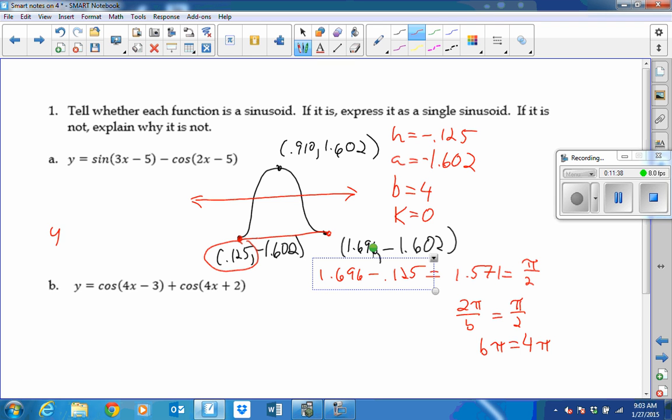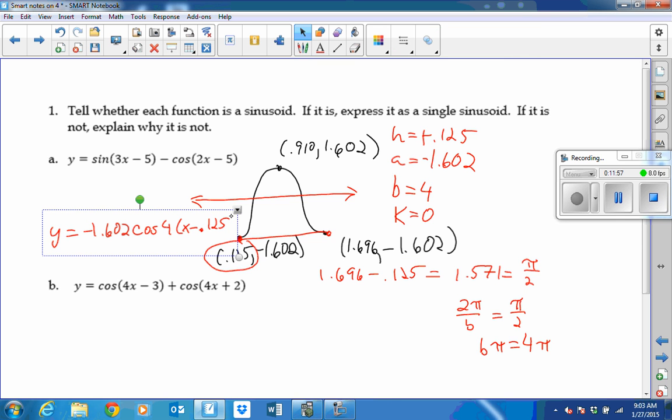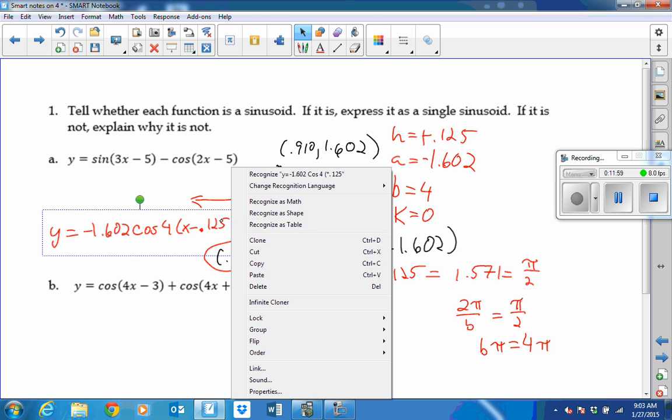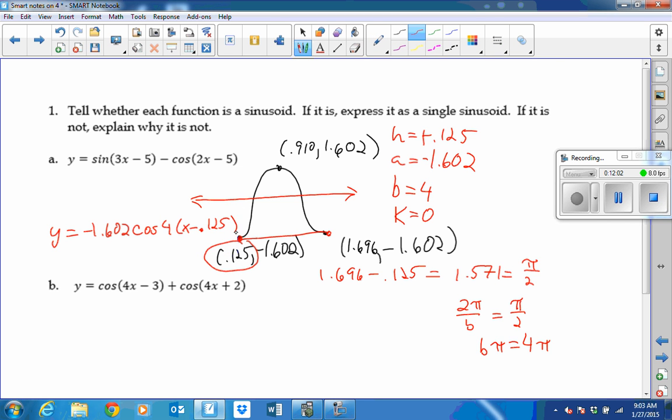So when we put this all together in a cosine function, we get negative 1.602 cosine of 4 times x minus, h is positive 0.125. And that's it. So you can see that we're heavy on our calculators in this section.